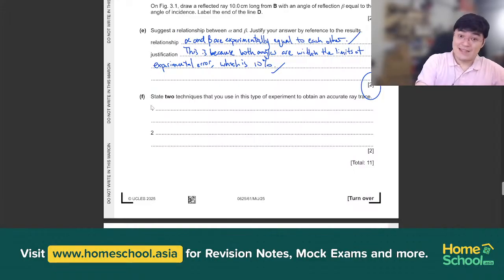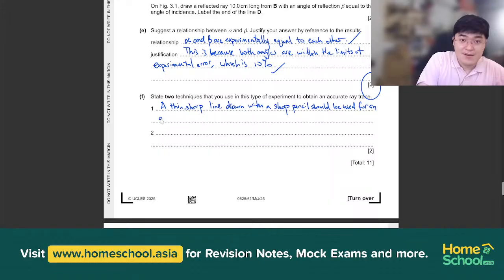So firstly, let's write that down: a thin sharp line, drawn with a sharp pencil, should be used for an accurate ray trace.